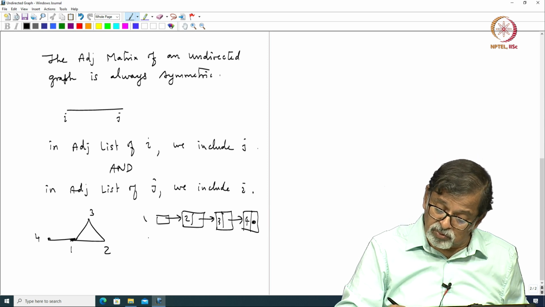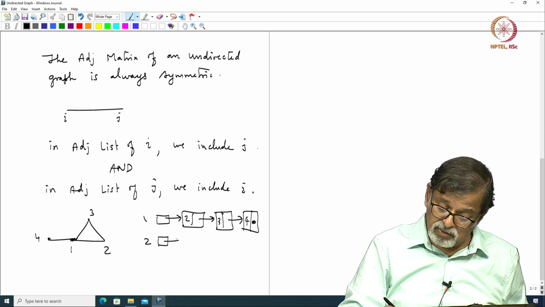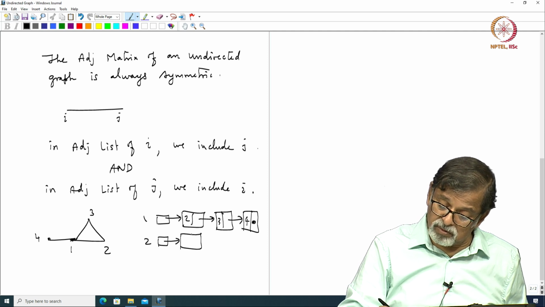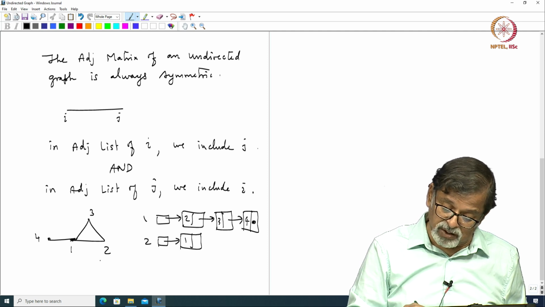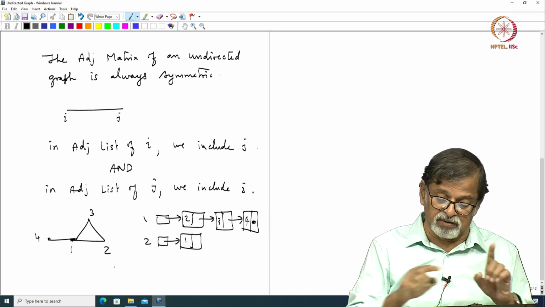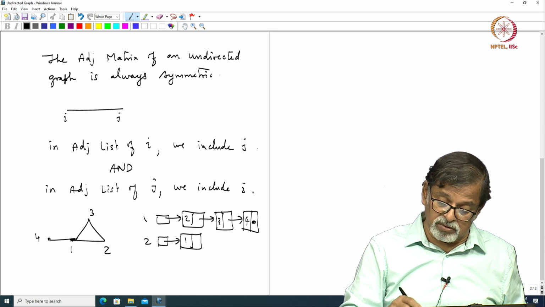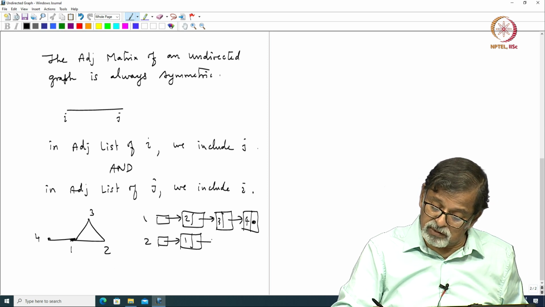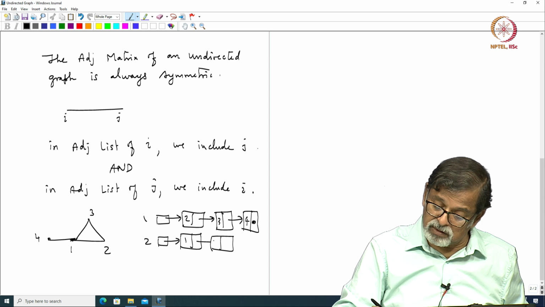The adjacency list of 2 will have 1 because of the edge 1, 2, that is 2, 1, and 3.